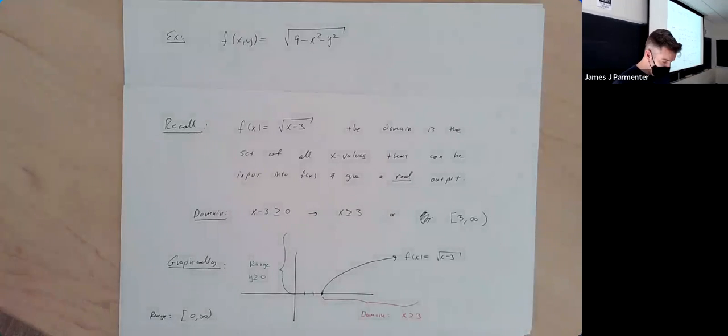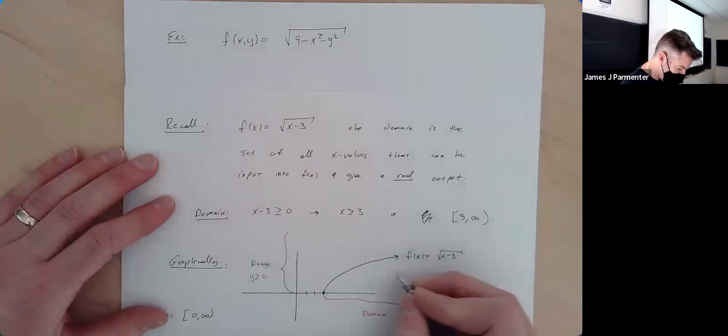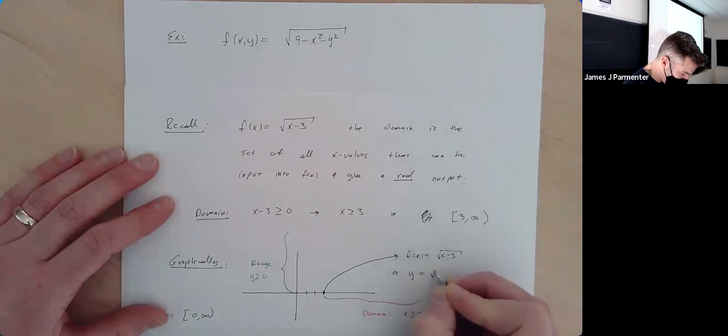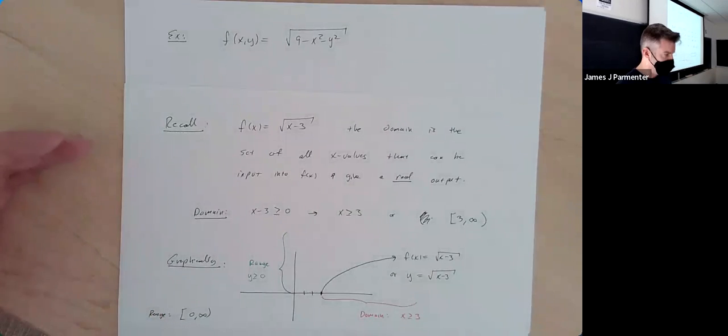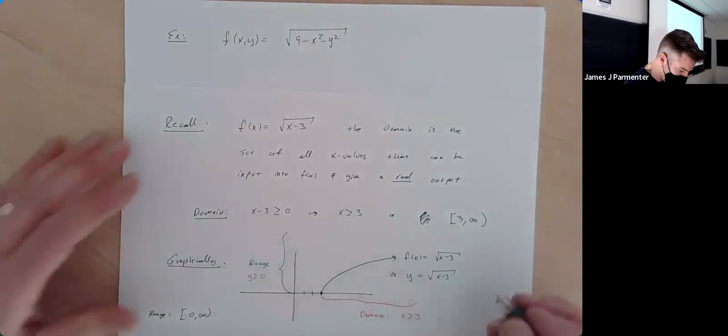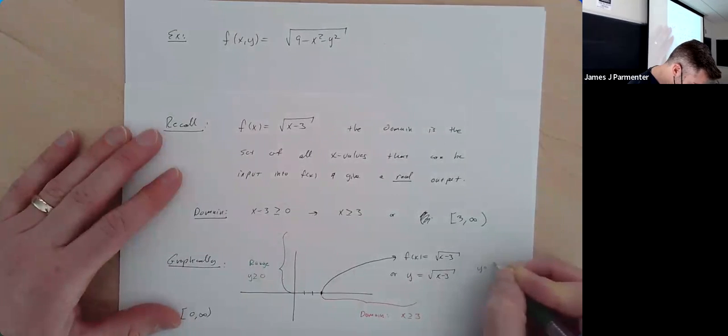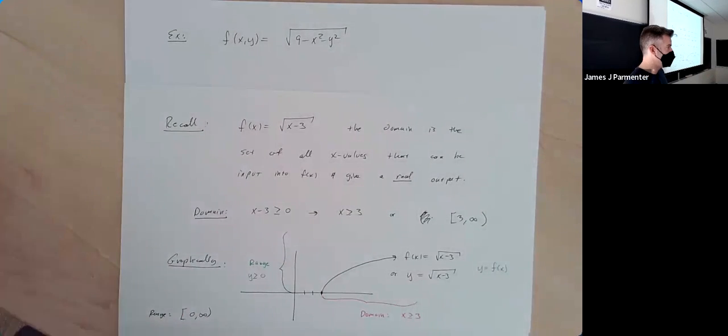And I just want to point out, when we think about this, we often think about this as y equal to the square root of x minus 3. In other words, we often use the substitution that y is equal to f of x. That's usually our thought process.